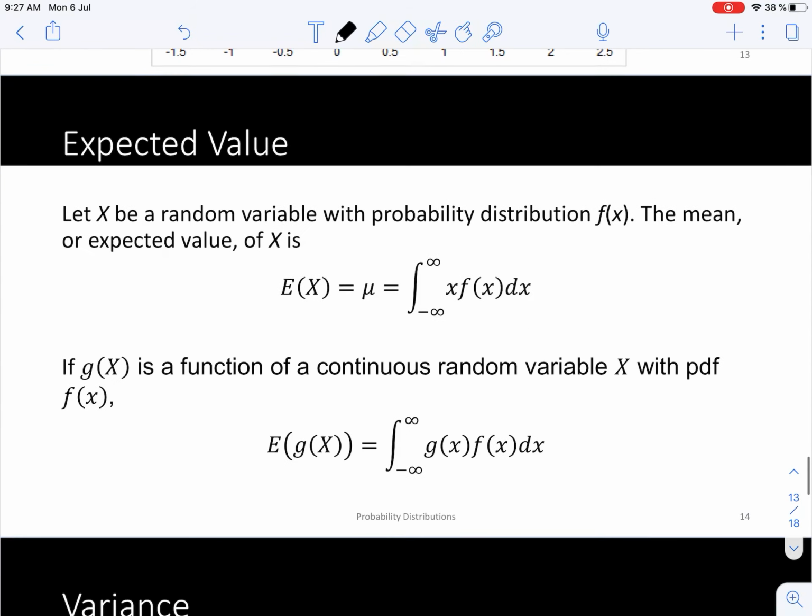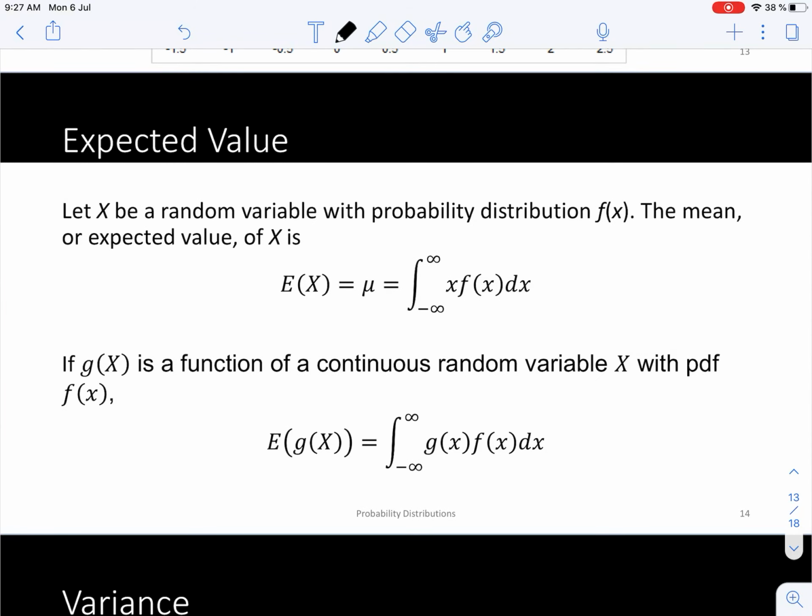Okay, remember that we talked about expected value. It's a theoretical value that shows you what will be the average of the random variable after many observations. The equation in the discrete case is the sum of the outputs x times the probability, but here instead of probability we have the PDF, the probability density function, and instead of the sum we do the integral from minus infinity up to infinity.